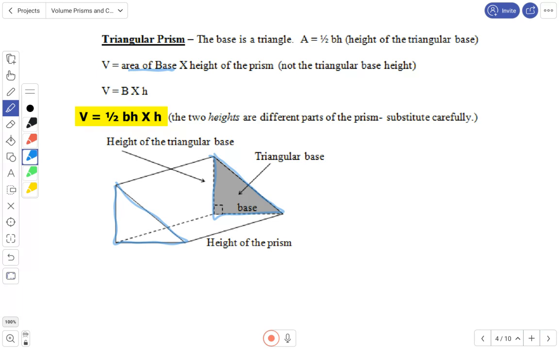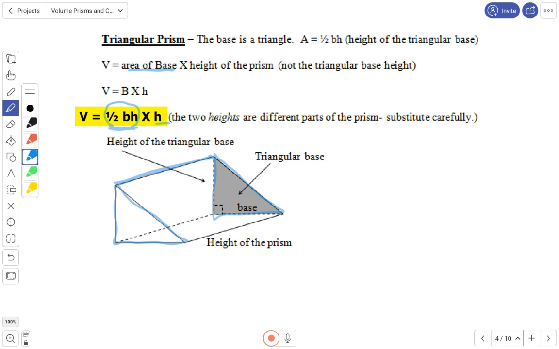So if you wanted to find the volume of this, you should remember from last year that the area formula of a triangle is half base times the height. And now since we're talking about volume, you would take the area of that triangle and then just multiply it by the height of the shape. And you would be able to find the volume of this.